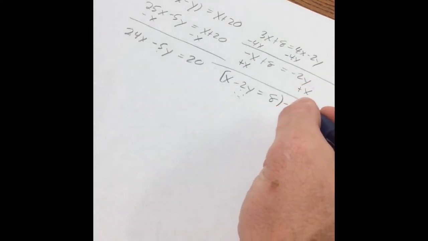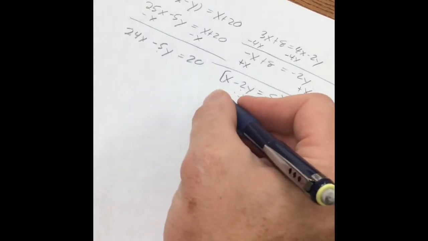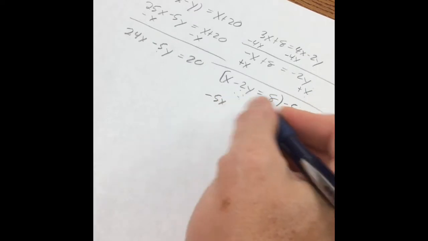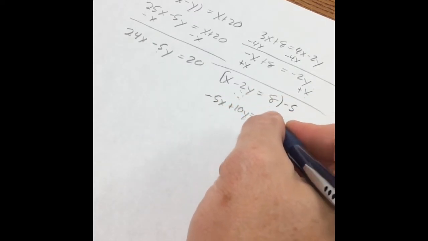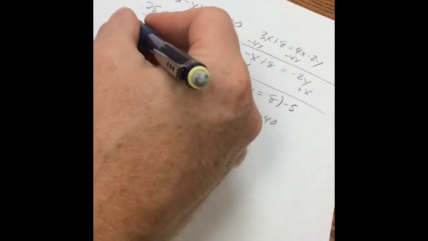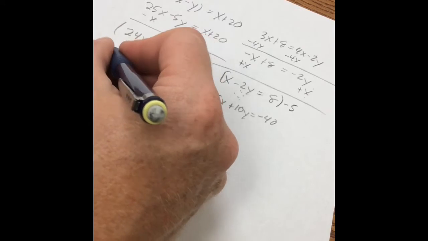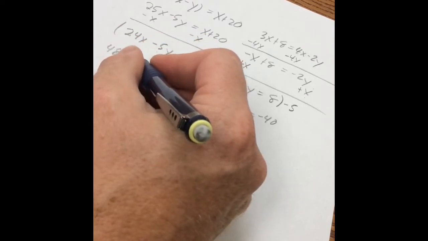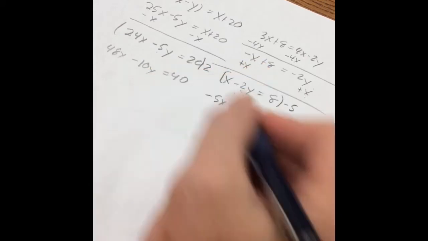I'm going to multiply by -5 so that their coefficients are opposites, which gives me -5x, plus 10y equals -40. I'll multiply this whole thing by 2, which gives me 48x minus 10y equals 40.